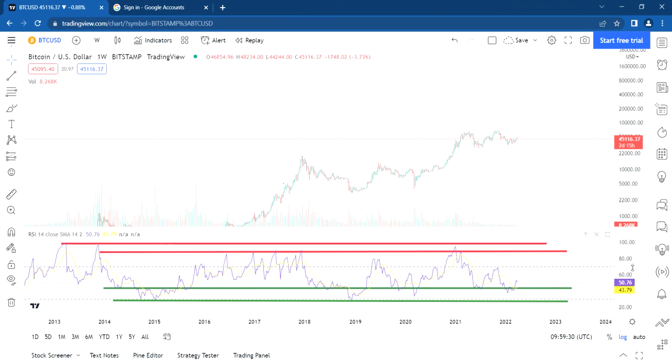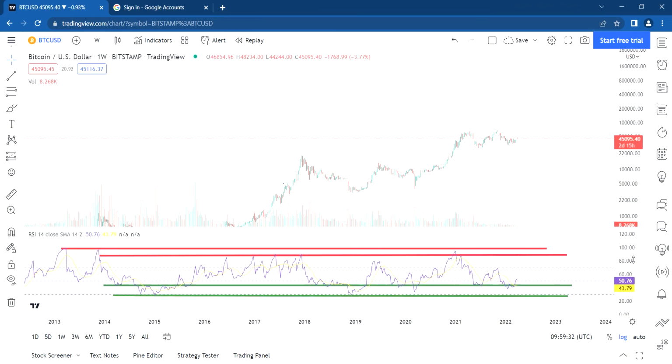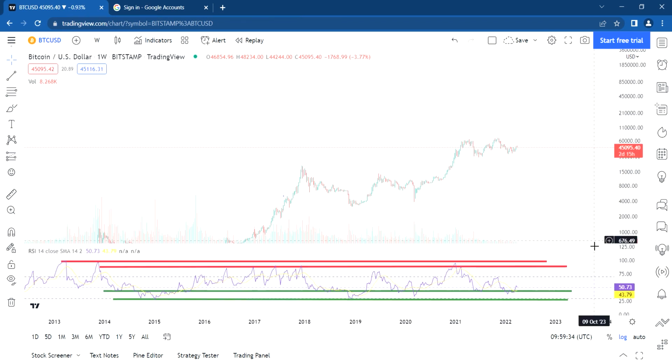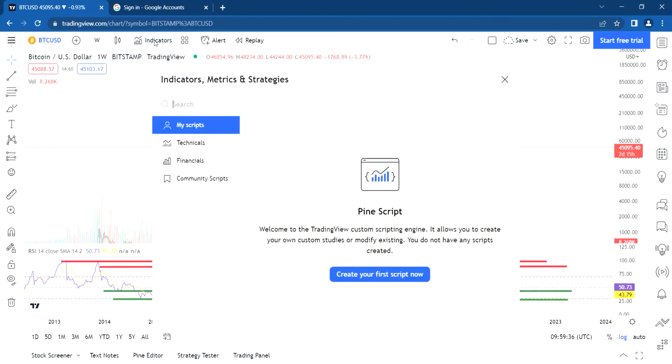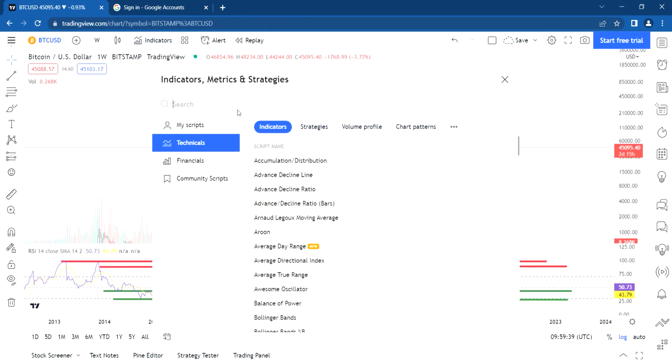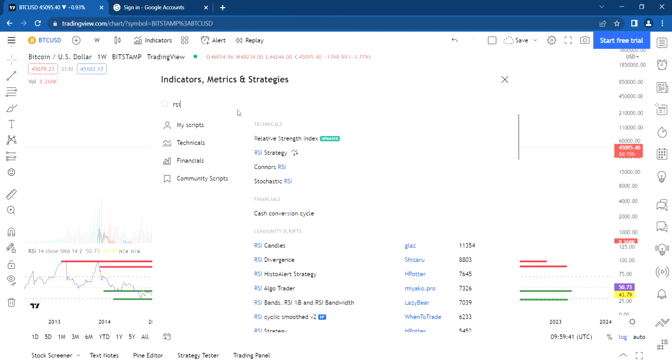So how do you make this even more significant? I'm going to go over here again to the indicators and look for the stochastic RSI. Let me zoom into this indicator.